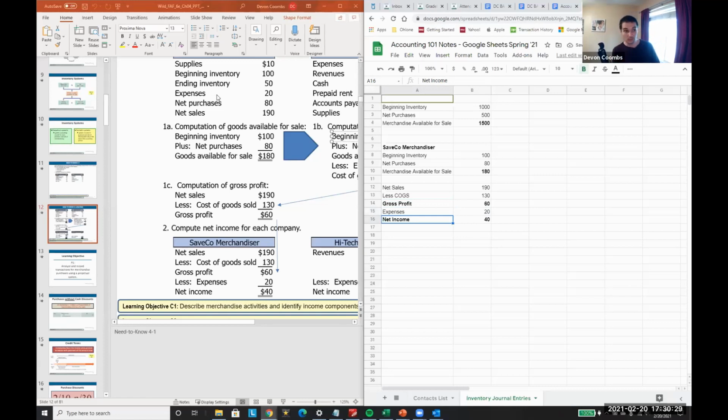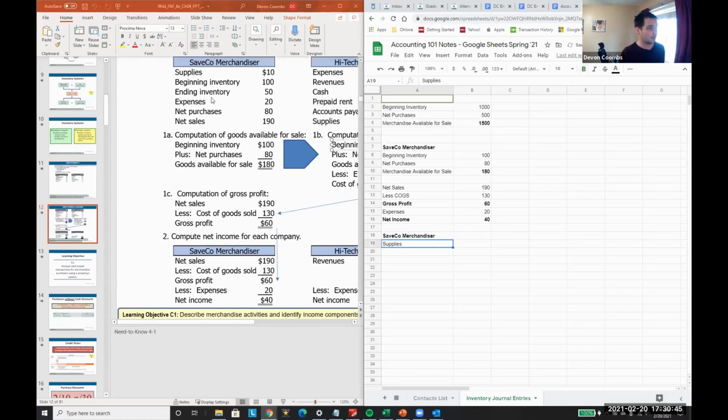Maybe I can make this a little simpler for you so you can see how we can use Google Sheets to even streamline this further. So I could say save merchandiser information. And then I can put in all of the information we have here, right?